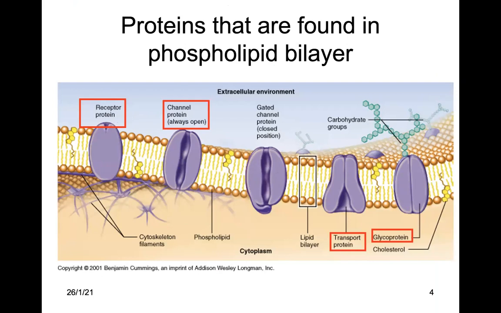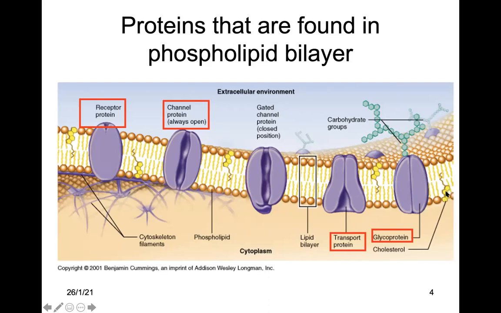Okay, glycoprotein is very special because it's a combination of carbohydrate and protein. So this is protein, this is carbohydrate. As a group, we call them a glycoprotein. Other than that, in the plasma membrane, there is also cholesterol.